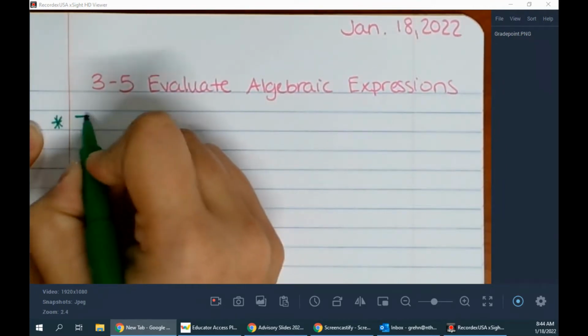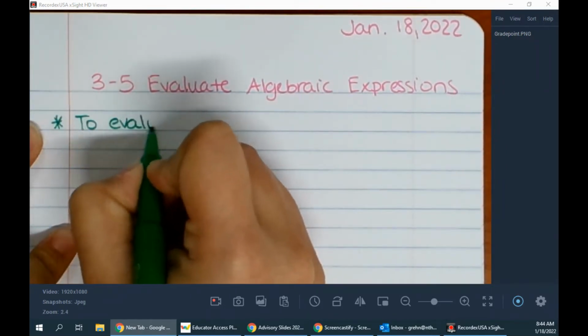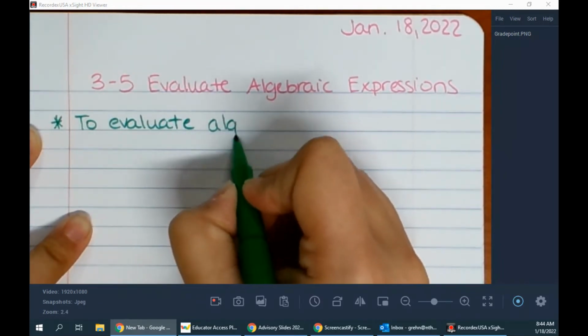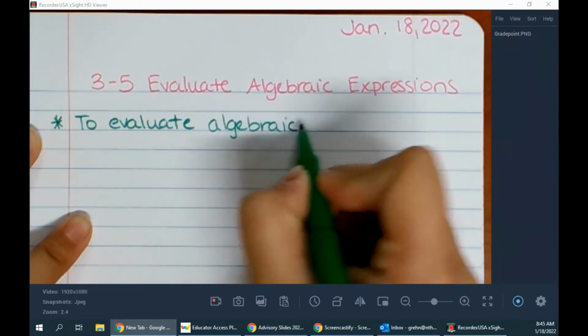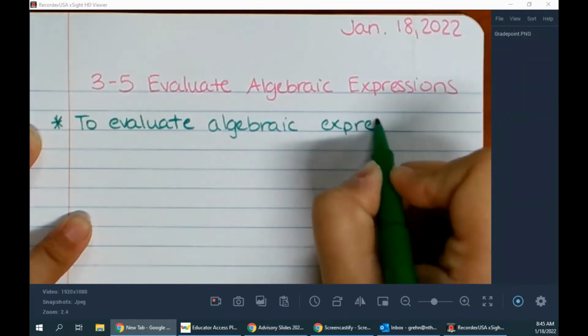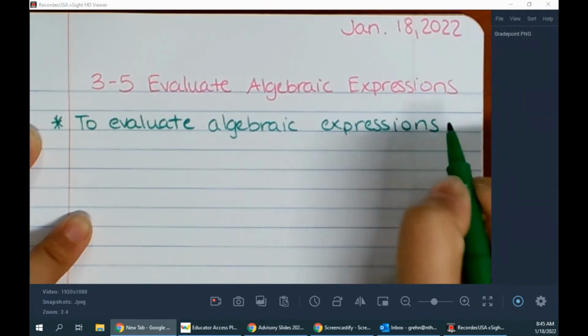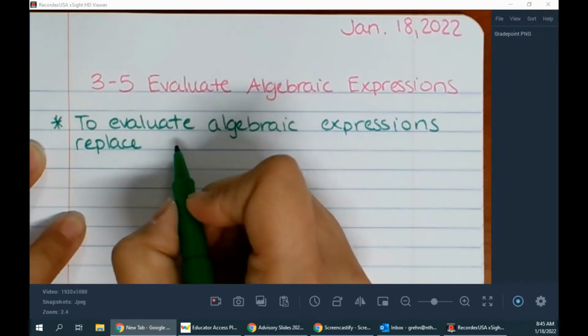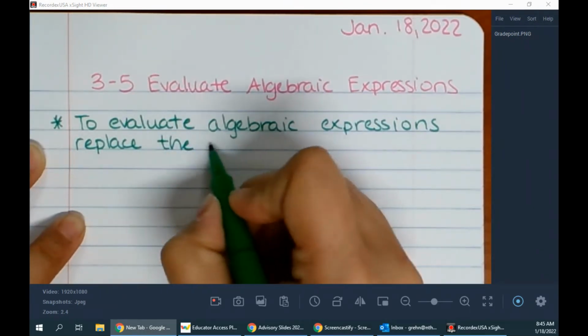So to evaluate algebraic expressions, you're going to replace the variable with its value.